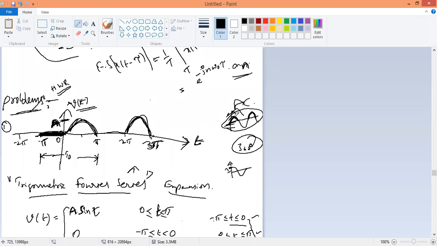For example, we have one AC signal, this one. We have a half wave rectifier. What is the functionality of a half wave rectifier?